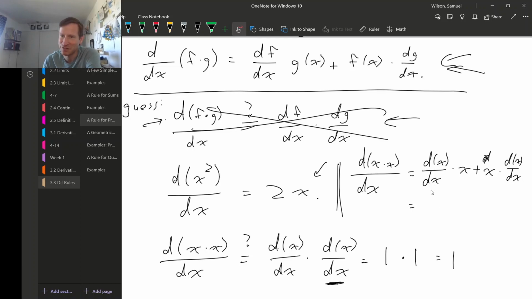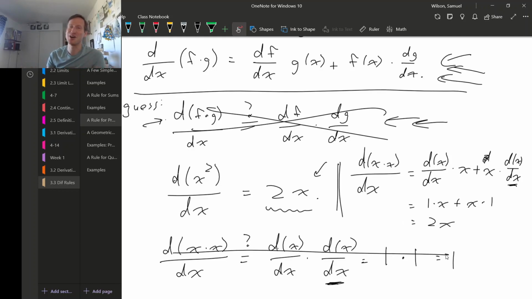And then the derivative of x with respect to x is 1 times x plus x times this derivative of x with respect to x is also 1. So we get x plus x, and that's 2x. So you can see the correct product rule reproduces the correct power rule. The false product rule gives you nonsense. So don't use the false product rule, I guess.